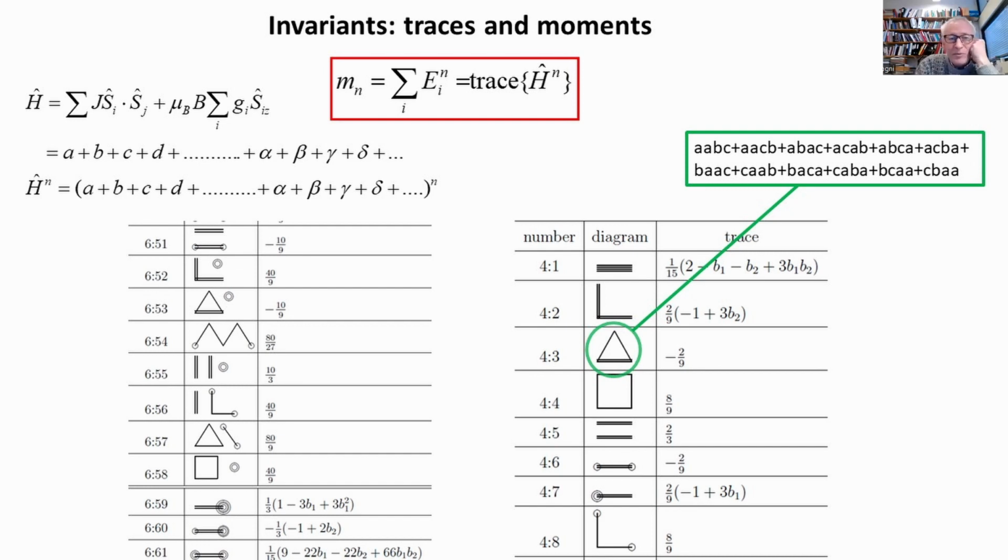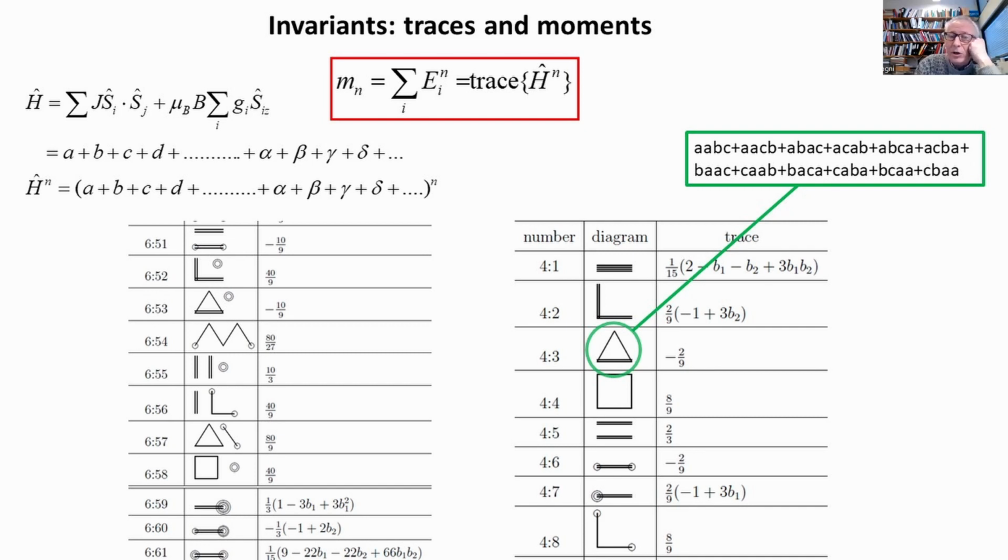You see, we are interested in these invariants, moments or traces of the Hamiltonian. We all know that the trace of a matrix is independent of the basis in which it has been created.